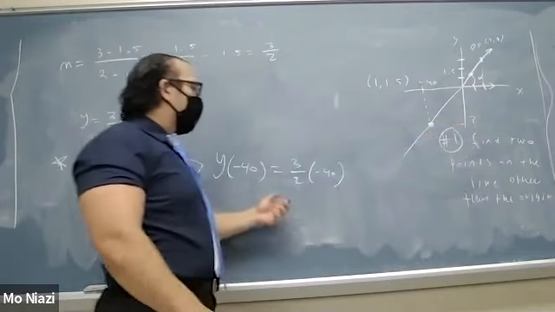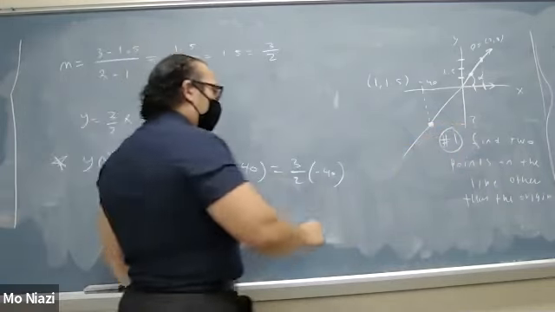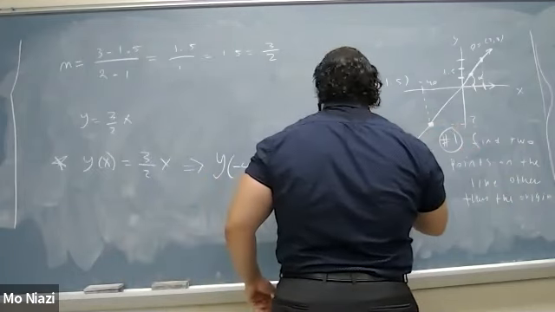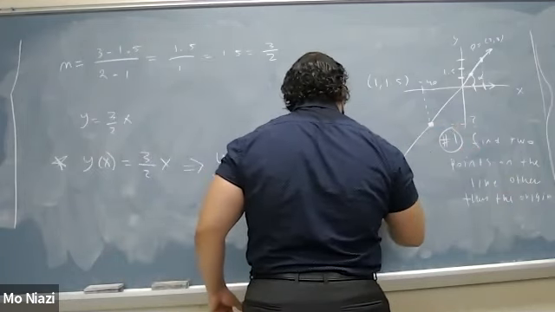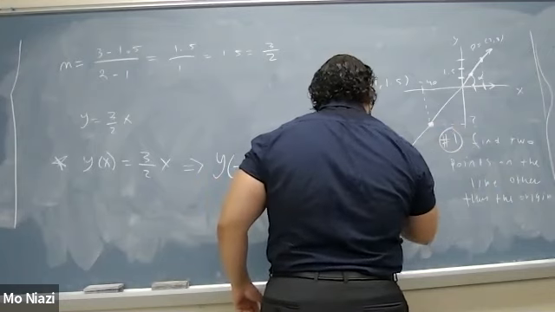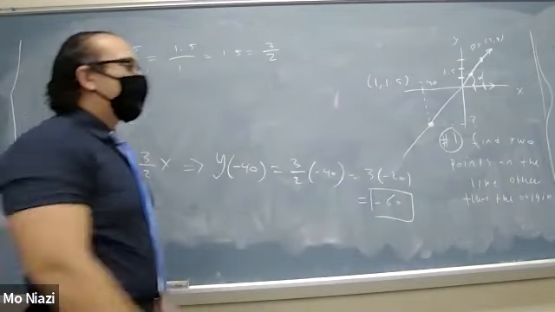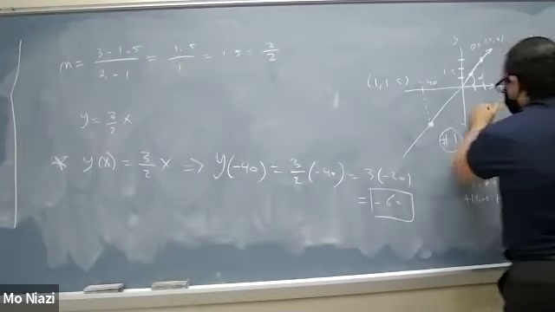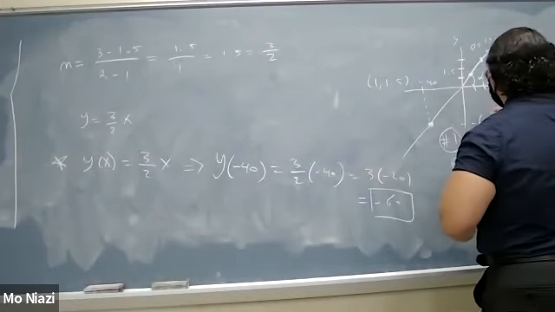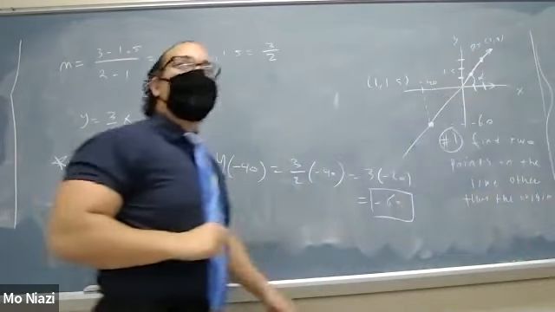Okay? So let's do the computation. This then becomes 3 times a negative 20. Right? So at negative 40, this line that is discovered is at negative 60. You guys see what I'm talking about now? Aha.